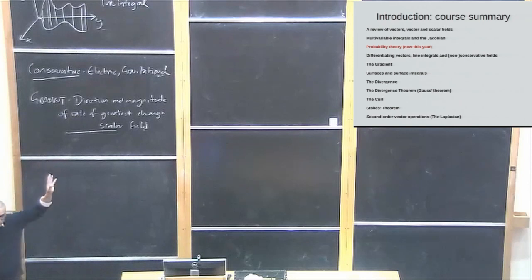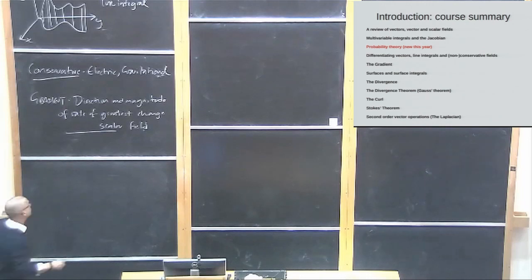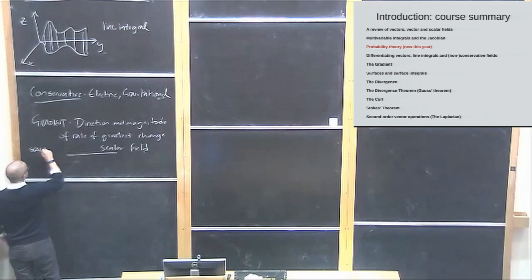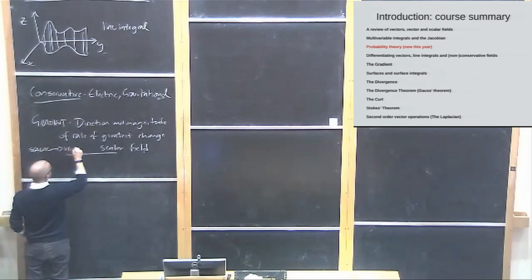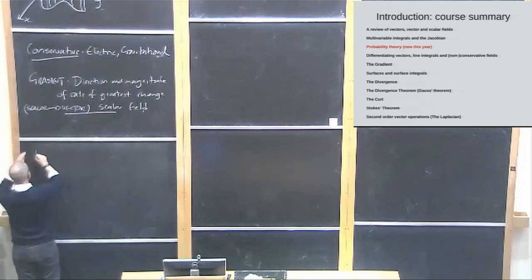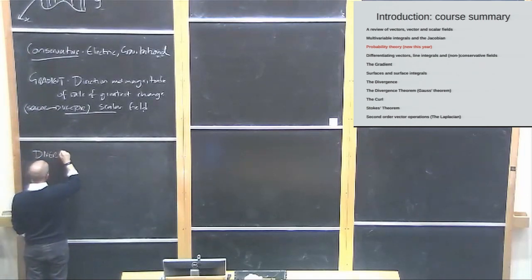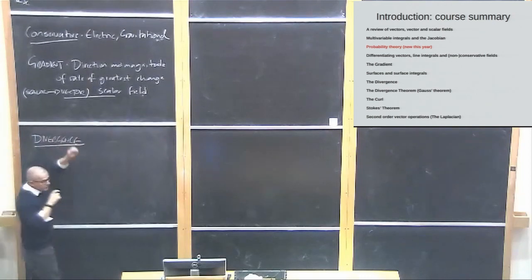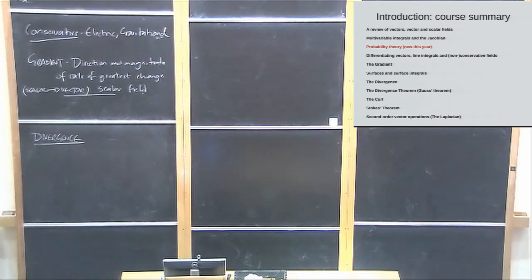The gradient is something which acts on a scalar field of however many dimensions you want, and takes a scalar field and converts it to a vector field. The divergence acts on a vector field and returns a scalar quantity.